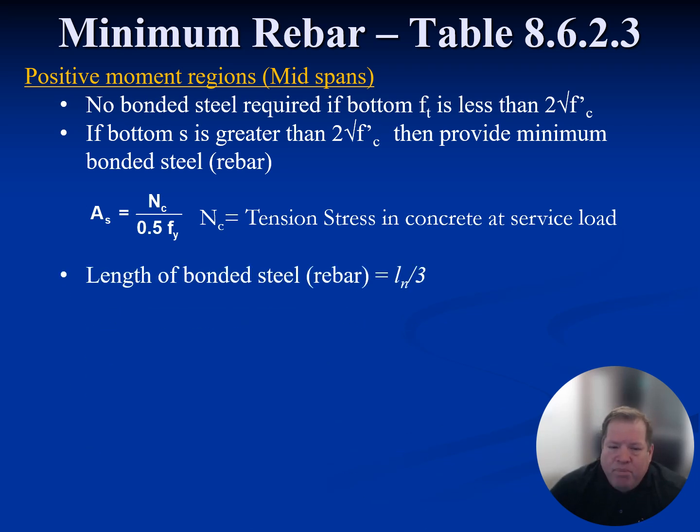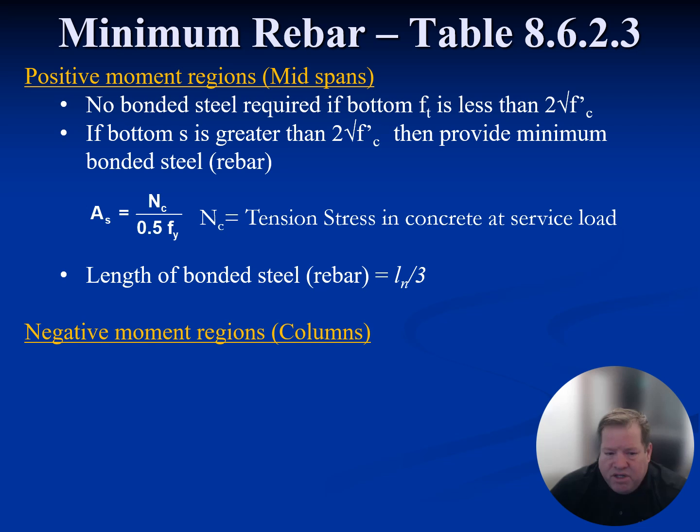So we're going to look at a service case, determine the triangular area of tension, figure out that force, which is going to be something in kips, divide that by 30 KSI. That's going to be the amount of rebar we're going to use in the bottom. Obviously, you check that against ultimate strength. The largest one governs. But right here, again, to stress a point, no pun intended, this rebar is purely for service conditions. The ultimate strength is in addition to this.